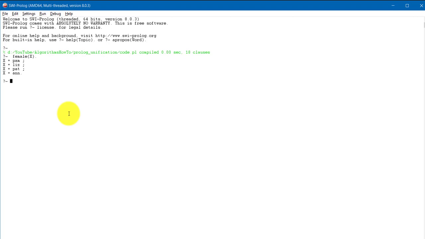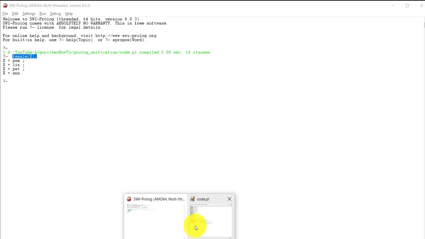Now in very simplistic terms, what does Prolog do here? This is a Prolog query with a variable. Prolog is basically trying to match this query against the knowledge base.